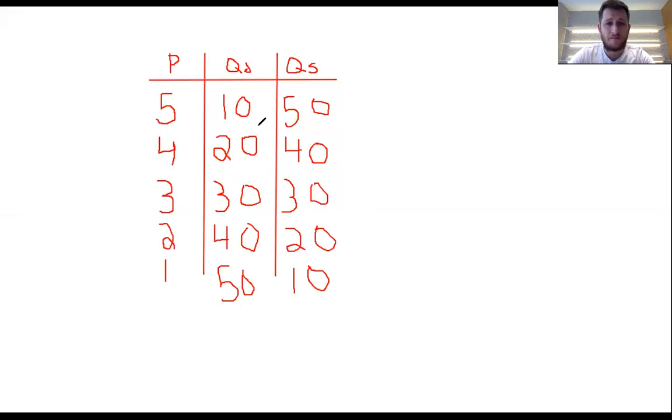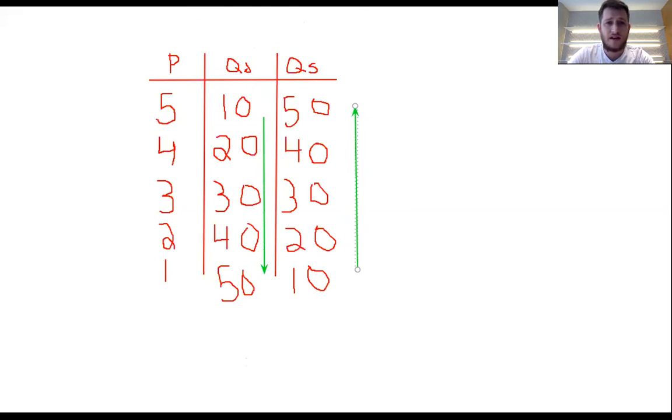So you've got price going down here, or price going up this way, and then you've got it going the opposite direction here. So as price goes down, quantity demanded goes up.